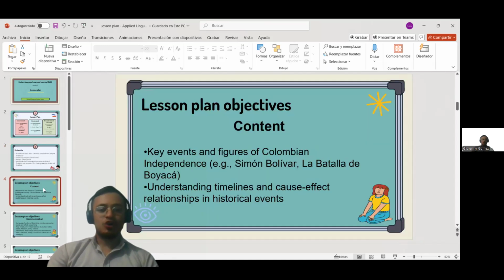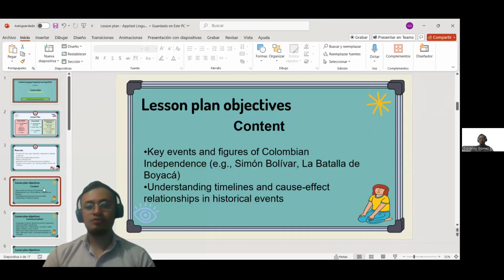So the lesson plan objectives: first, it's necessary to tell you that this lesson plan is based on the CLIL methodology, and the objectives are based on the 4 Cs. So first, the content: the key events and figures of Colombian independence.